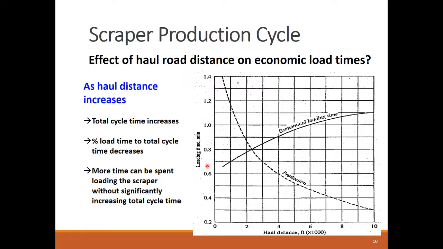As the haul distance increases, the total cycle time increases, the less impact the load time has on production, and the more positive impact the increased load time will have on the scraper production rate.